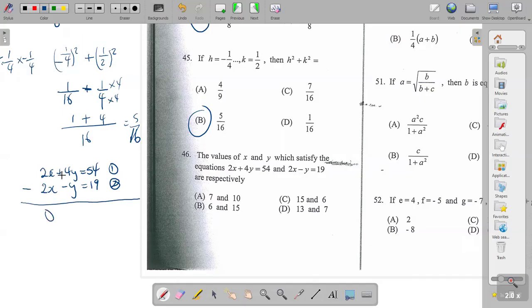So this is going to give me 0, but 4y minus negative y, these two negatives are going to become a positive. So it's going to become 4y plus y, which is 5y, equal to 54 plus 19 is 73, right?